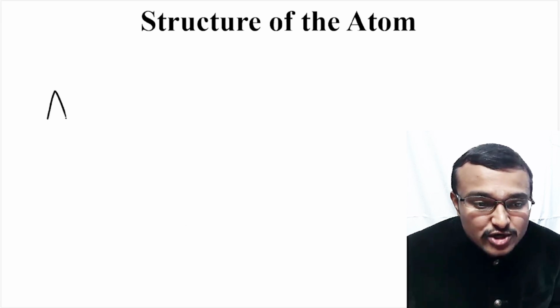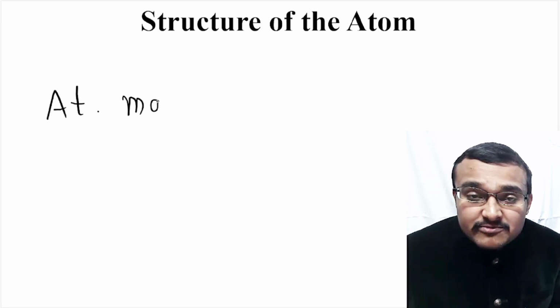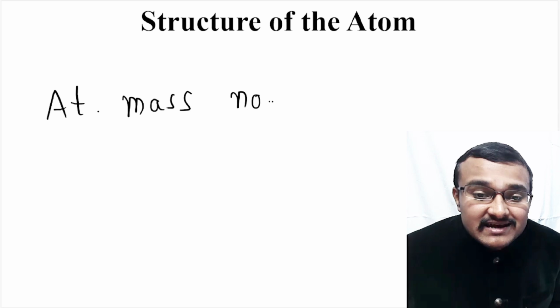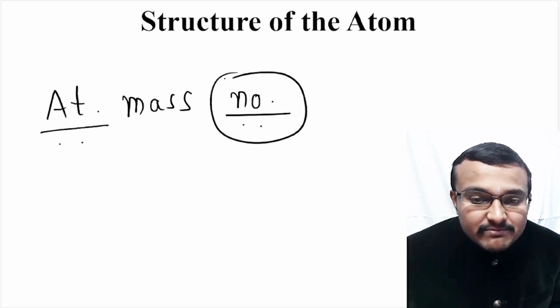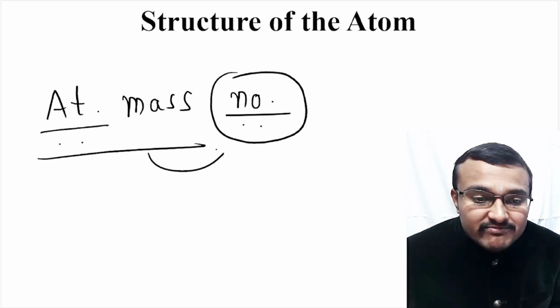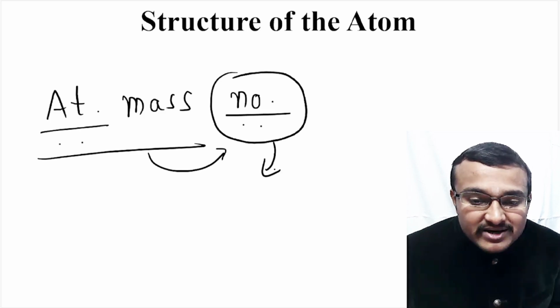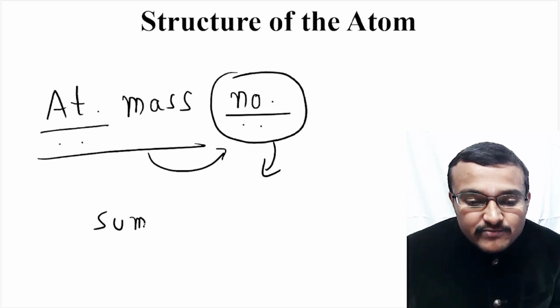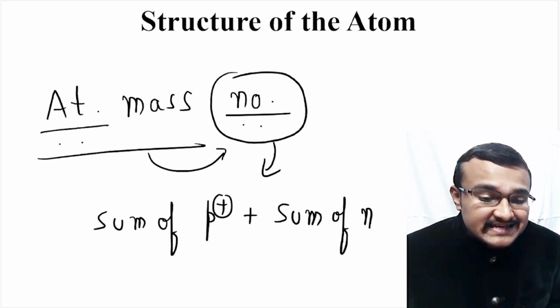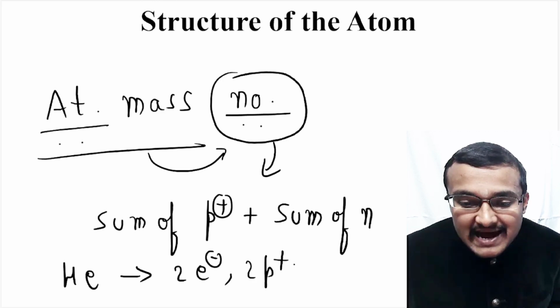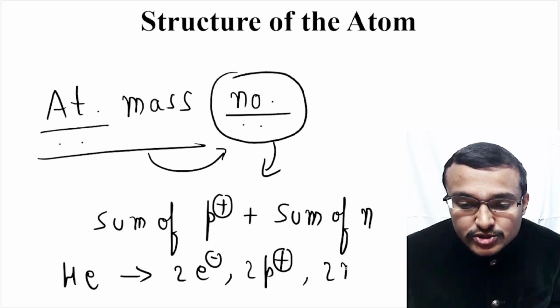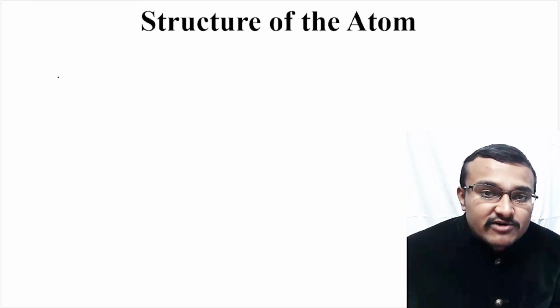When you consider atomic mass number, you are taking the number of protons and the number of neutrons. So this number, the atomic mass number, is the sum of protons and neutrons. For example, consider helium. Helium has 2 electrons, 2 protons, and 2 neutrons. Now, what is the atomic number of helium?